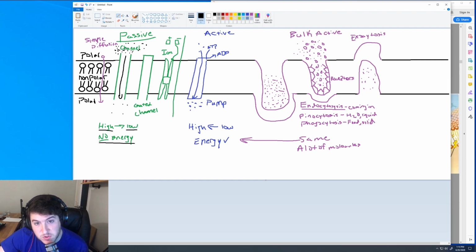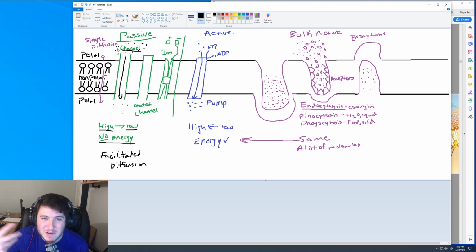Now, this first one is what we call a channel protein, okay? And the kind of transport that's going to be done is what's called facilitated diffusion. Notice that we're still using the same word diffusion, but the word facilitated means it needs help.